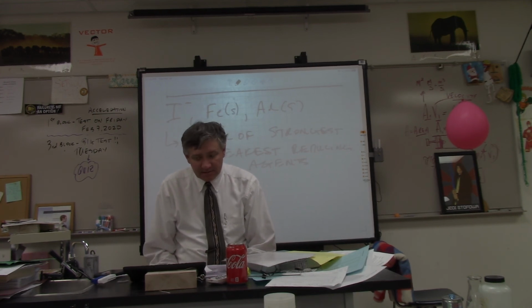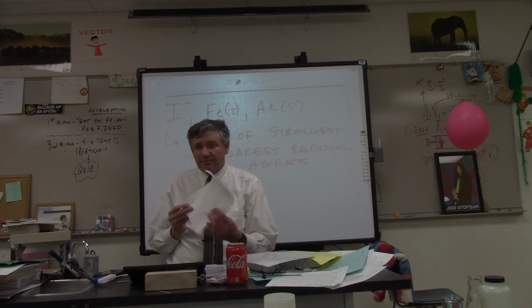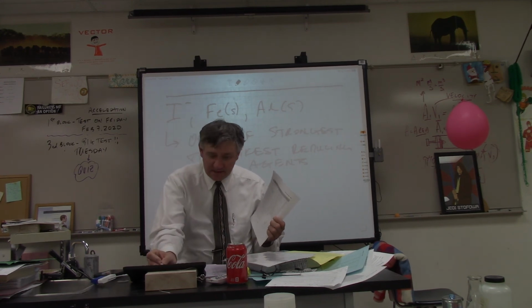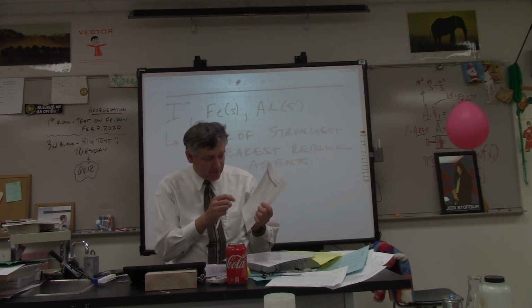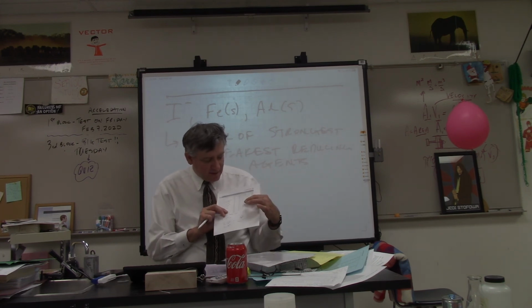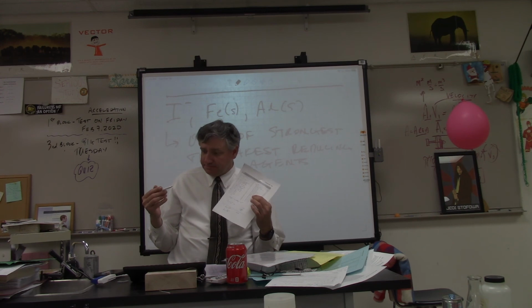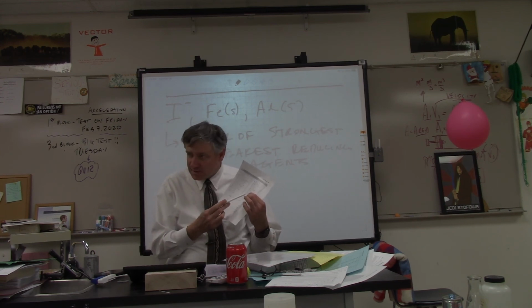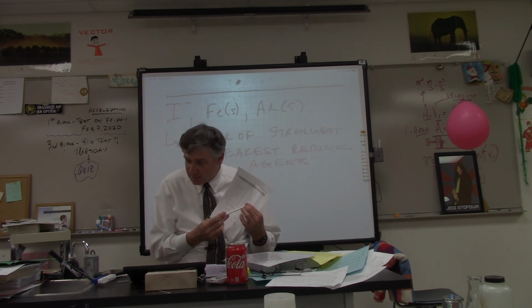Now, here's what you have to pay attention to over here. Let's say, for example, I'm starting with aluminum. When you talk about aluminum, the only place aluminum shows up is as the product of a reduction equation.